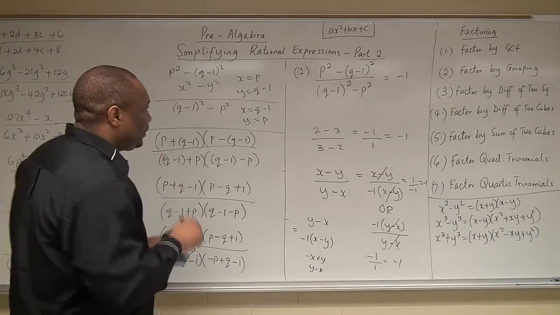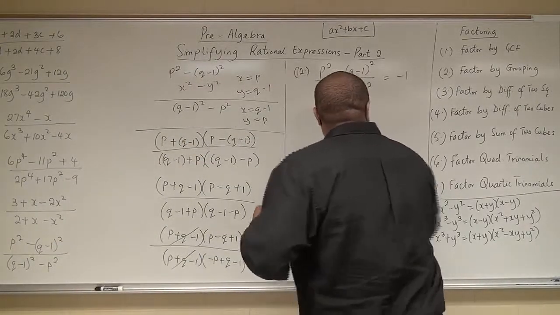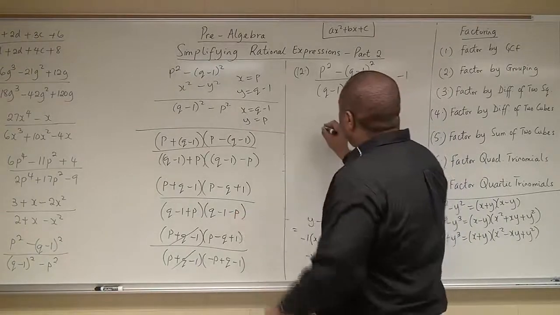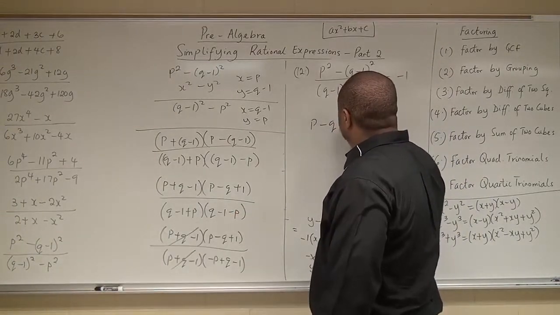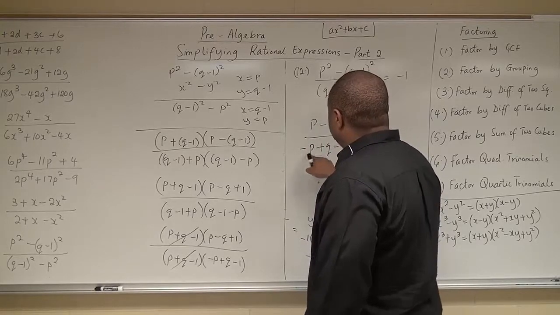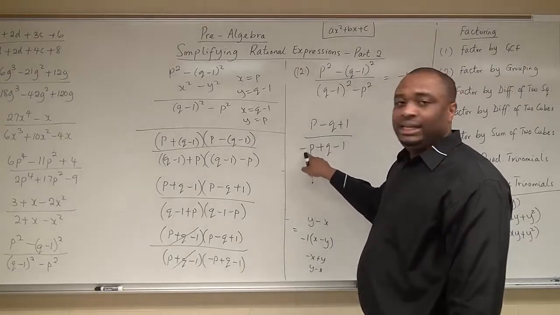So now, remember what we said, that we have p minus q plus 1 over minus p plus q minus 1. So we say factor out the negative if it's a leading negative.